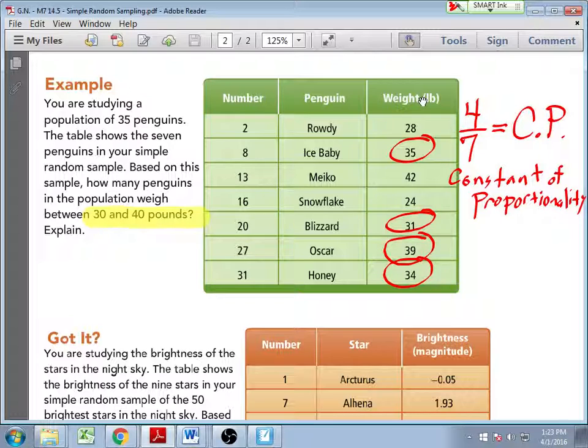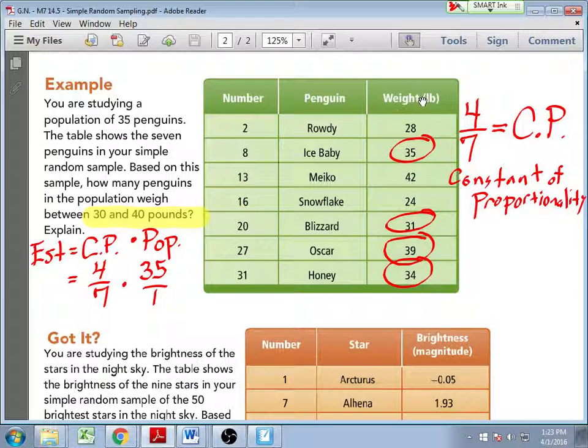So to make my estimate, because we cannot say this definitively, but this is going to be an estimate that is very close. To find my estimate, I take my constant of proportionality and multiply it by the population. So 4/7 times 35.